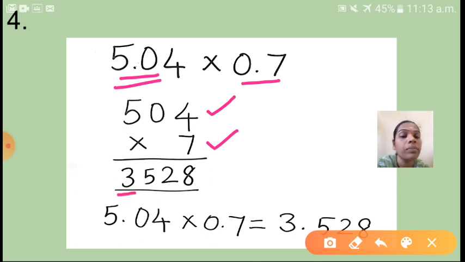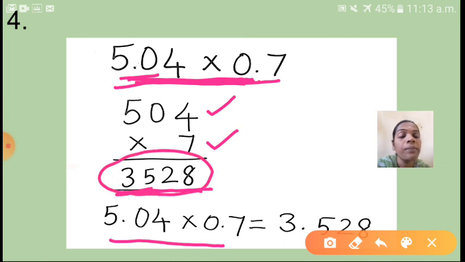If you are multiplying these two numbers, you will get 3528. Okay, so your answer is this one, but we want what? You have to write the answer for this number. So 5.04 into 0.7 is equal to, see here, this is your answer, but the decimal point will come, isn't it children?